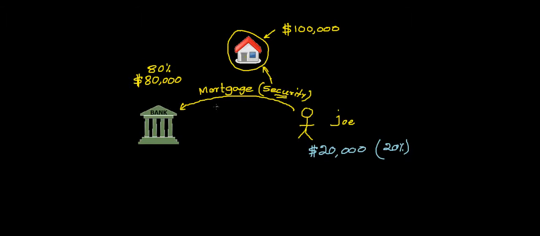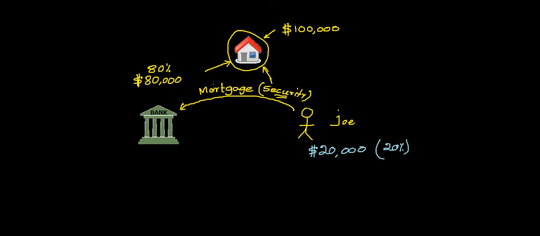When Joe is signing the mortgage and the bank is receiving the mortgage, it says that if Joe defaults on paying the money he's borrowing, and how he's going to pay back is the second thing coming, the bank is going to foreclose the house.